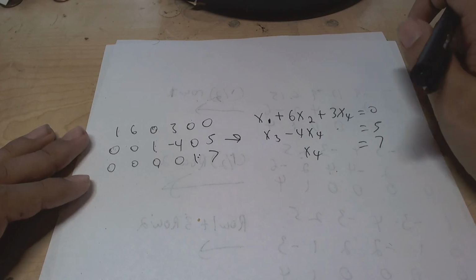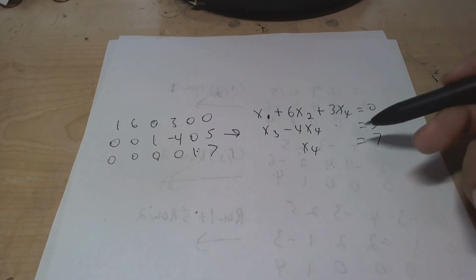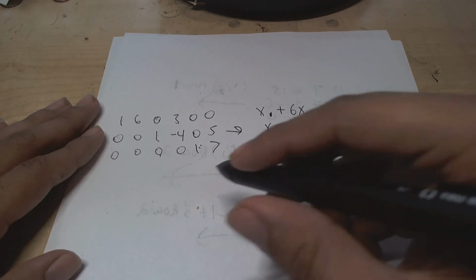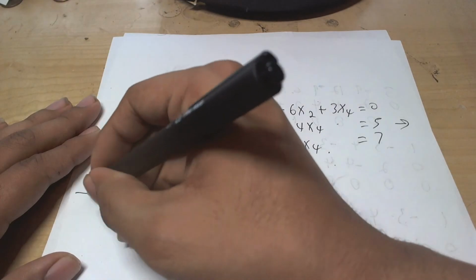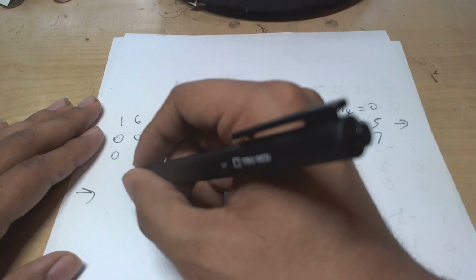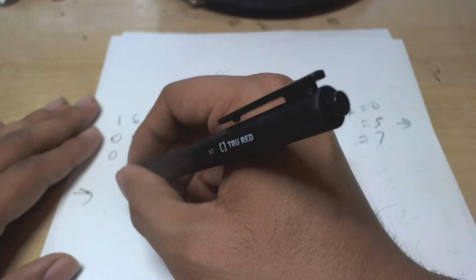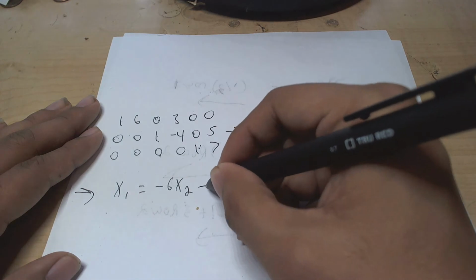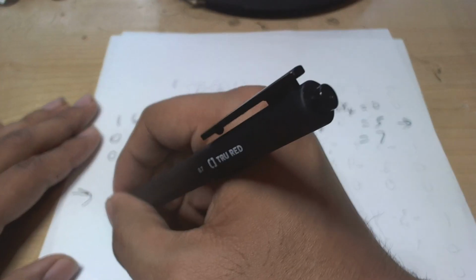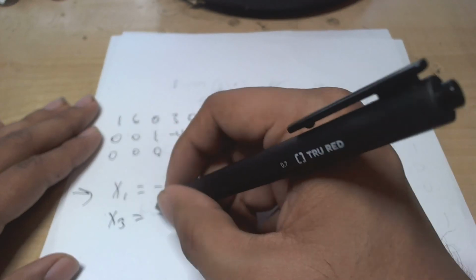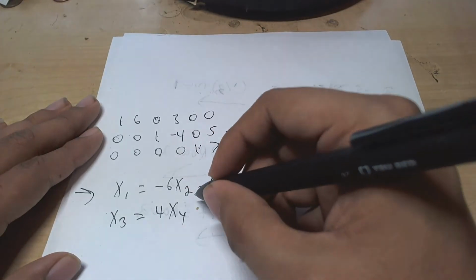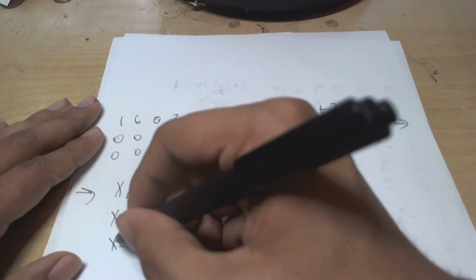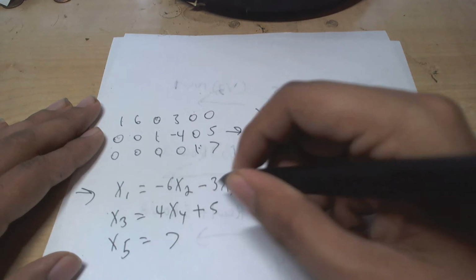So if I try to solve for all these variables, I'm going to get something that looks like: x1 equals negative 6x2 minus 3x4. There's no x2 in the second equation. x3 equals 4x4 plus 5. And then x5 equals 7.